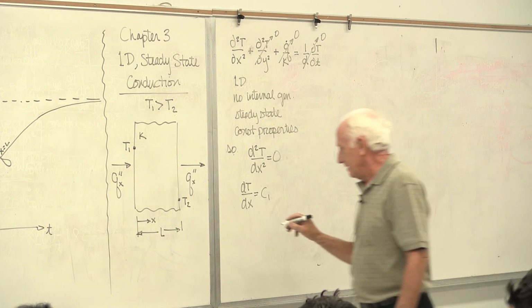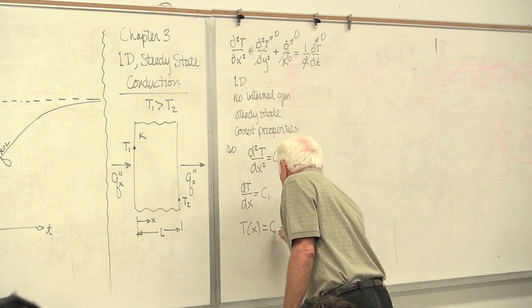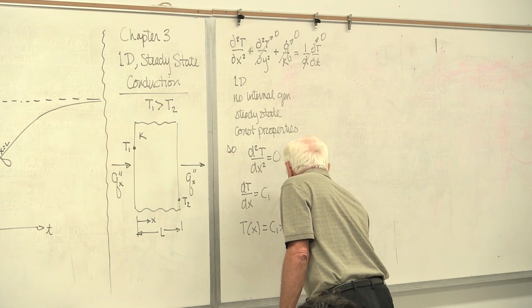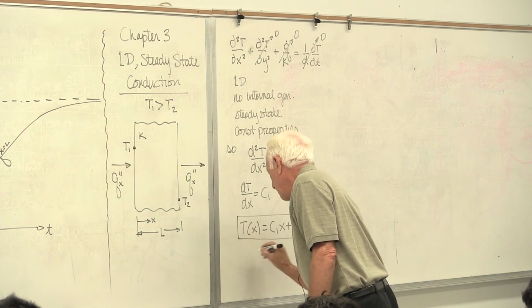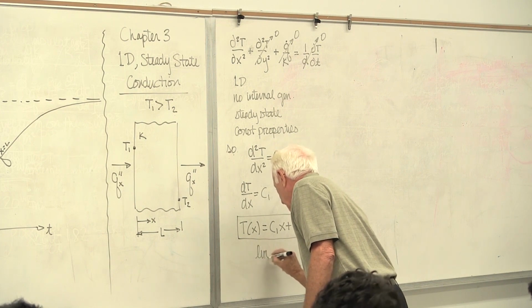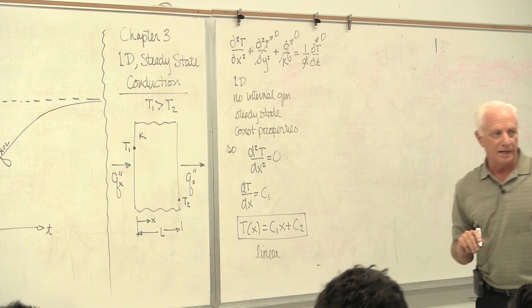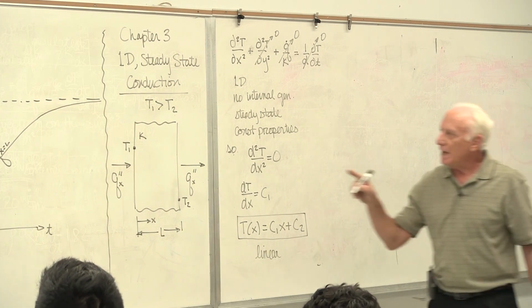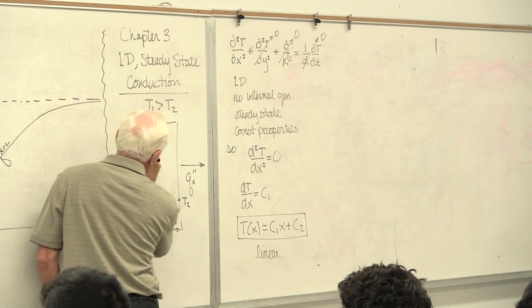Solve that guy. T as a function of x equals C1 x plus C2. First thing to notice, linear. Temperature distribution is linear. So now I can draw a straight line from T1 to T2.